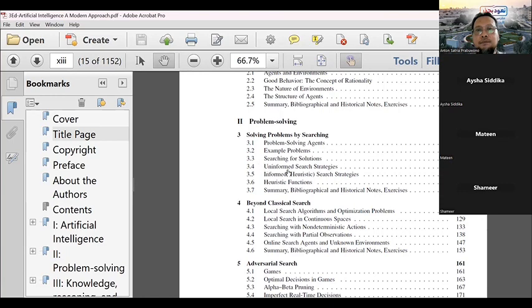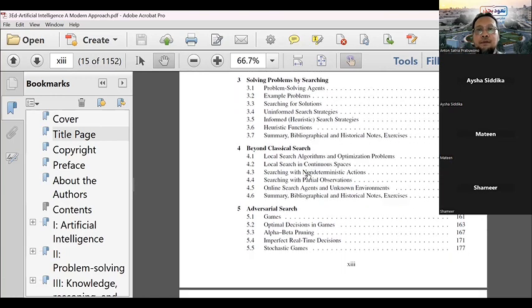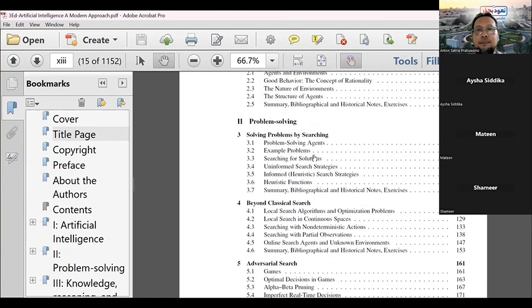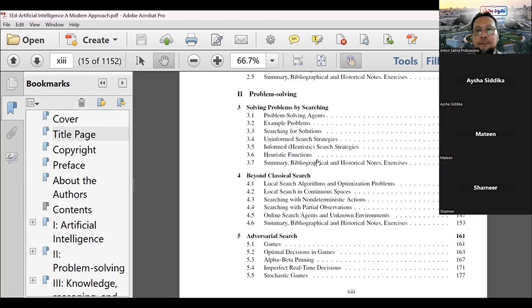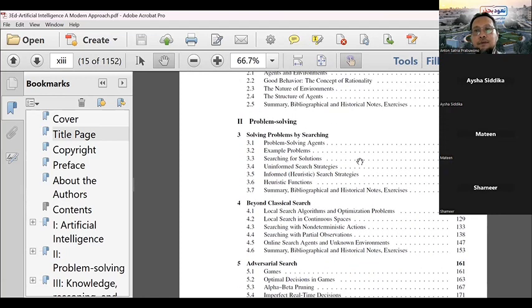And also we will learn about uninformed search strategies, informed search strategies, as well as heuristic functions. These are the sections or topics that we will learn today and in the coming 3 or 4 weeks.